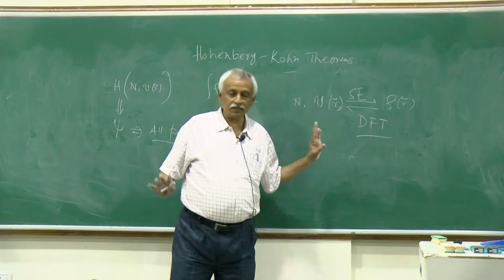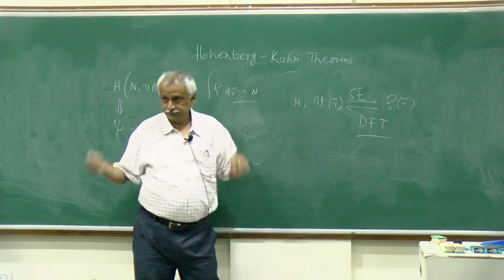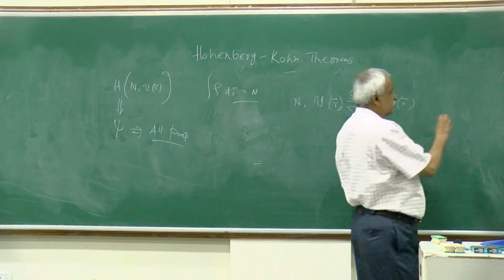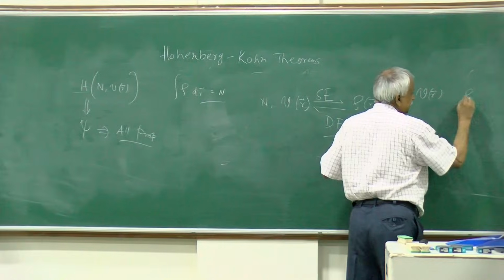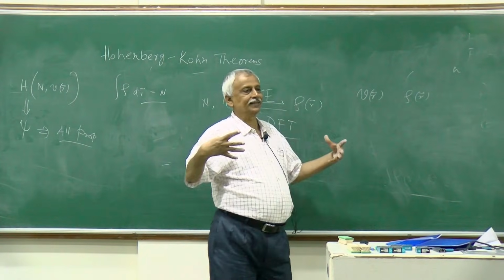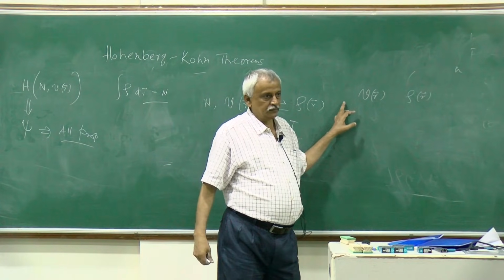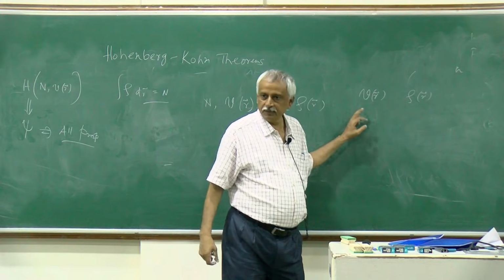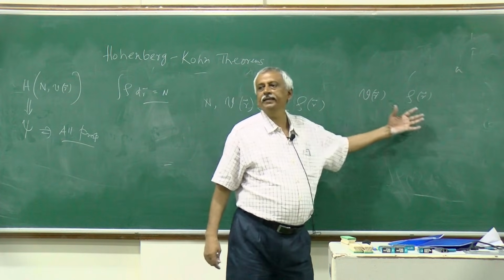So I have to talk about two theorems given by Hohenberg and Kohn. The first one tells you that V can be obtained from density except perhaps with some additive scalar constant. So this is the first Hohenberg-Kohn theorem, that V is obtainable within a trivial constant from the density.